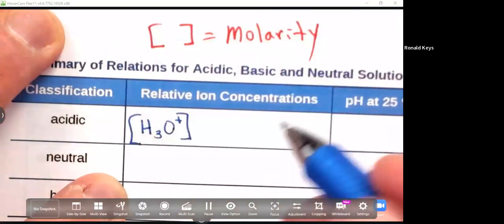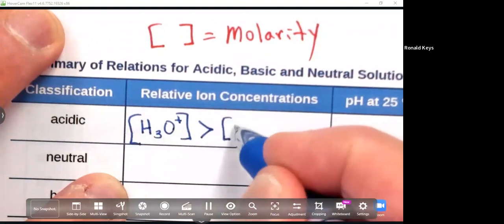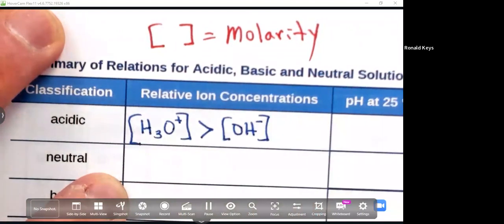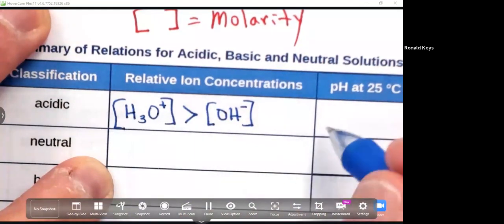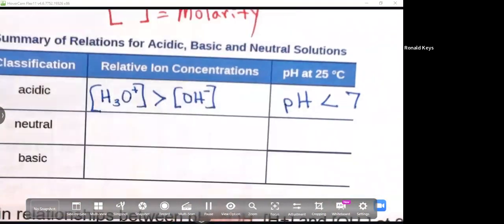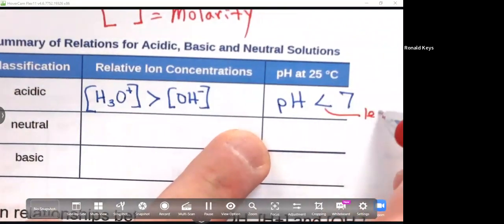My H3O plus is going to be greater than my OH minus. My pH for an acid solution is less than 7. Right? Less than 7. This is the less than left-hand alligator.